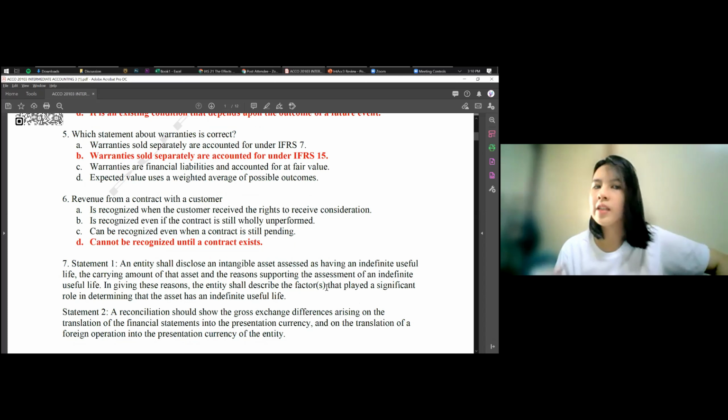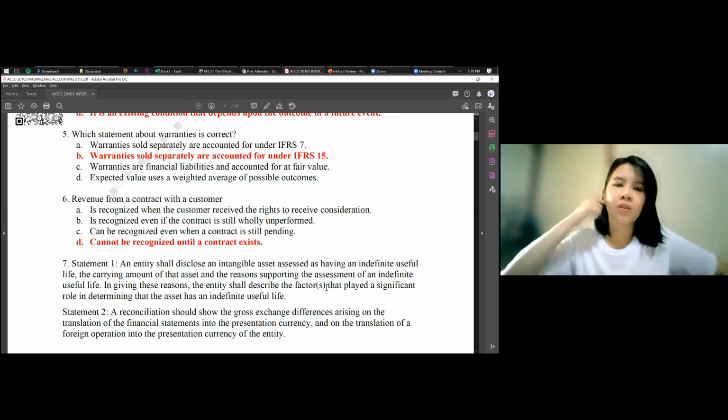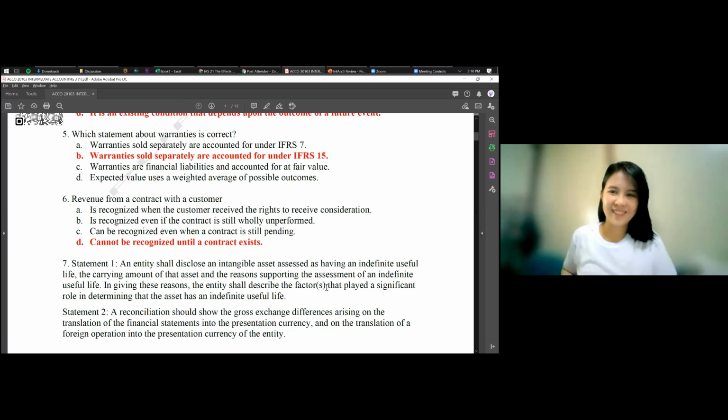So, kapag binibigay daw natin yung reasons na yun, kailangan i-describe yung factors that has played a significant role in determining that it actually has an indefinite useful life. So, I think tama naman to. Nakita ko to sa IFRS 16. No. It's not IFRS 16. It's IAS 16. Okay.